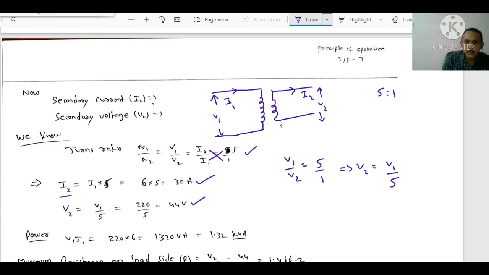I2 we got 30 amps. I1 already he gave, 6 amps. V1 already he gave, 220 volts. What will be the voltage V2? It is simply 44 volts. Like this you have to understand.